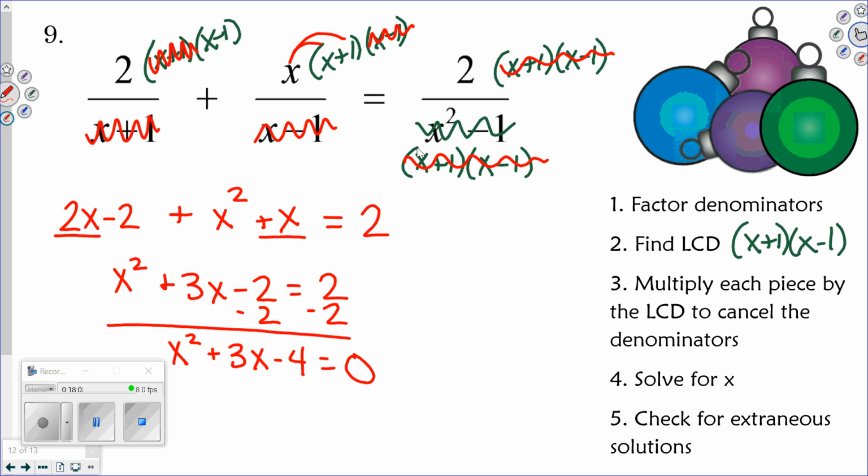Okay, it does not cancel. And then that will factor. x plus 4, x minus 1. So then x equals negative 4 and 1. If you look back at your restrictions, they would have been plus or minus 1. So that one's no good. So it's just x equals negative 4.